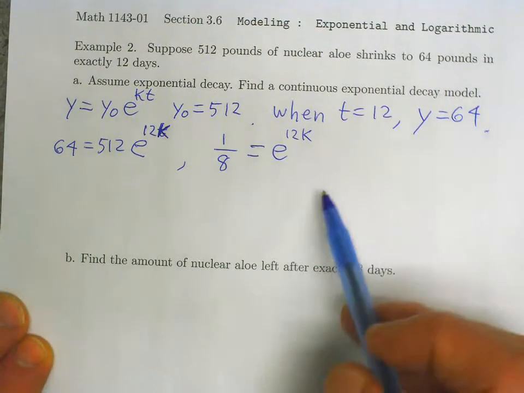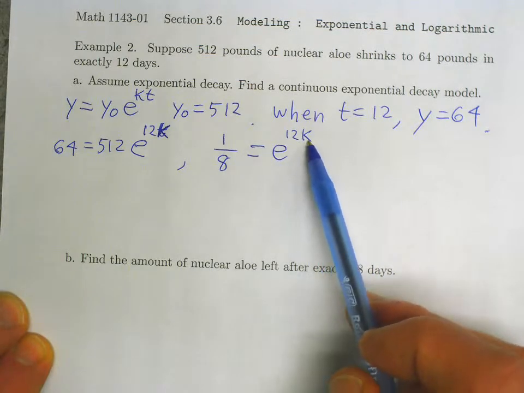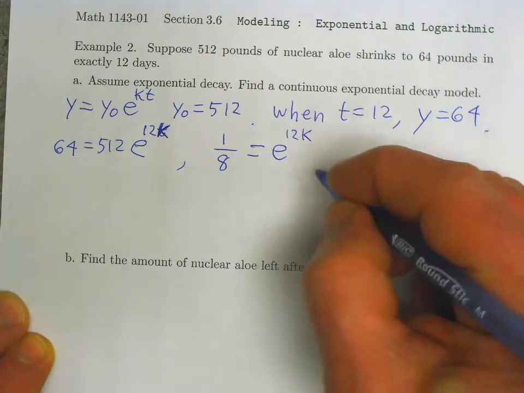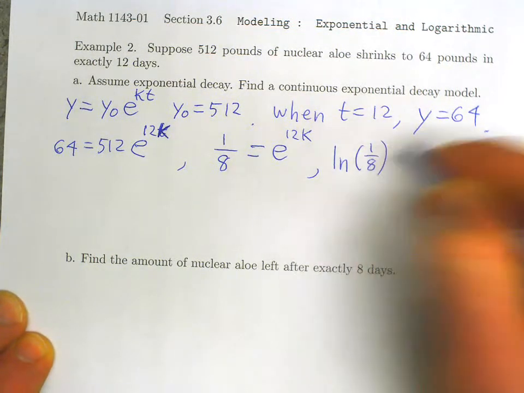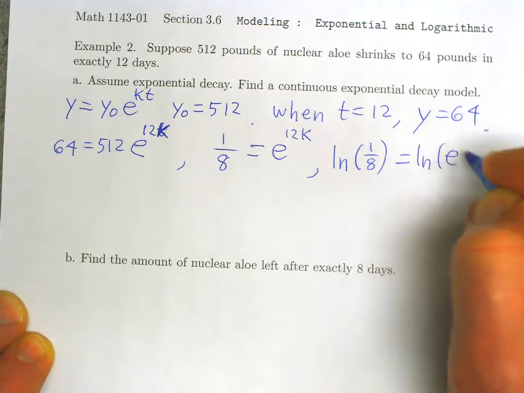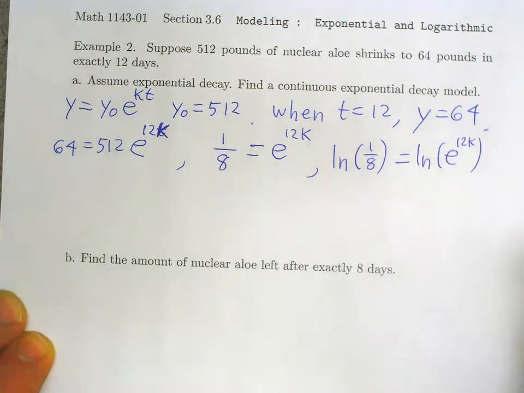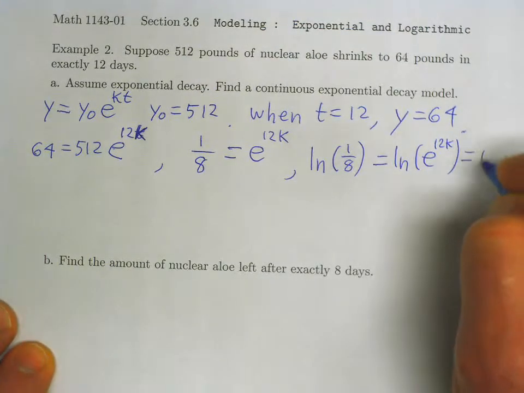Okay, now we just take the natural log of both sides. We want to solve for k because it's in the exponent. So the natural log of 1/8 equals the natural log of e to the 12k, but the natural log of e to the 12k is just 12k.